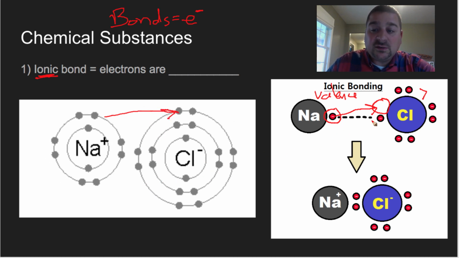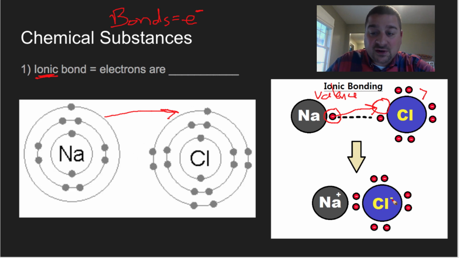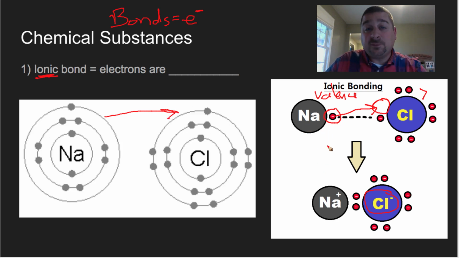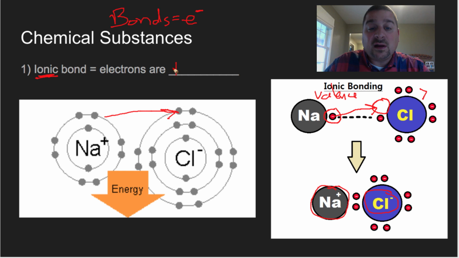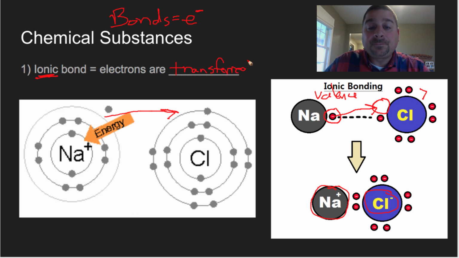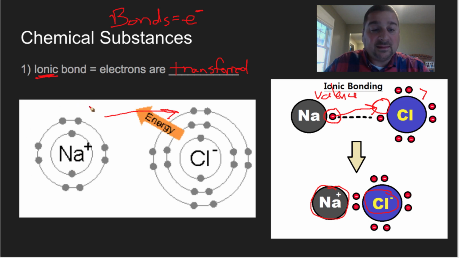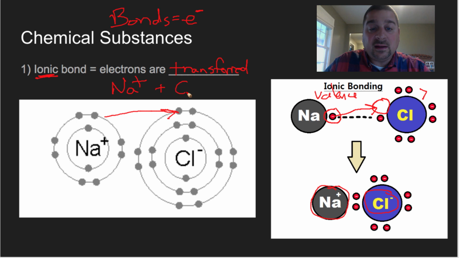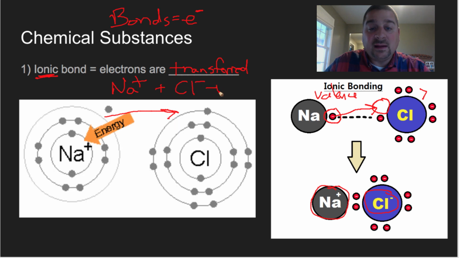Now what happens is you've given chlorine an extra negative charge, so it becomes a chlorine ion. And because sodium lost a negative, now it has 1 extra positive proton. You have a positive sodium ion. So the electrons are transferred, making sodium a positive ion and chlorine a negative ion.